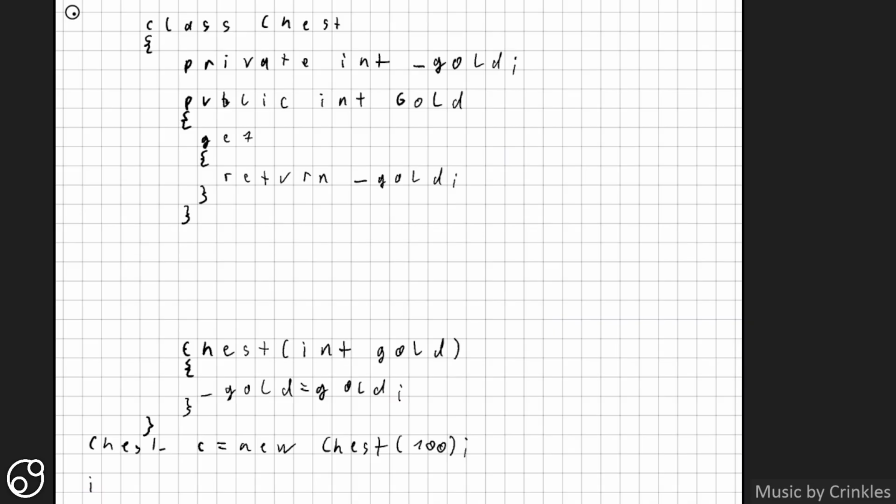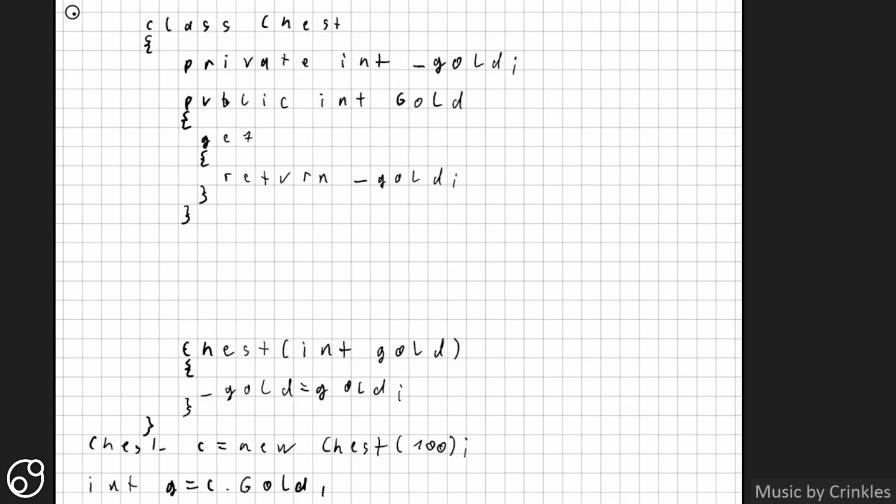So we could say int g equals c dot Gold, like that. With a getter method, we would probably write something like GetGold, like this. But we can save ourselves some writing, some characters, and just go directly to the property Gold, not Gold.